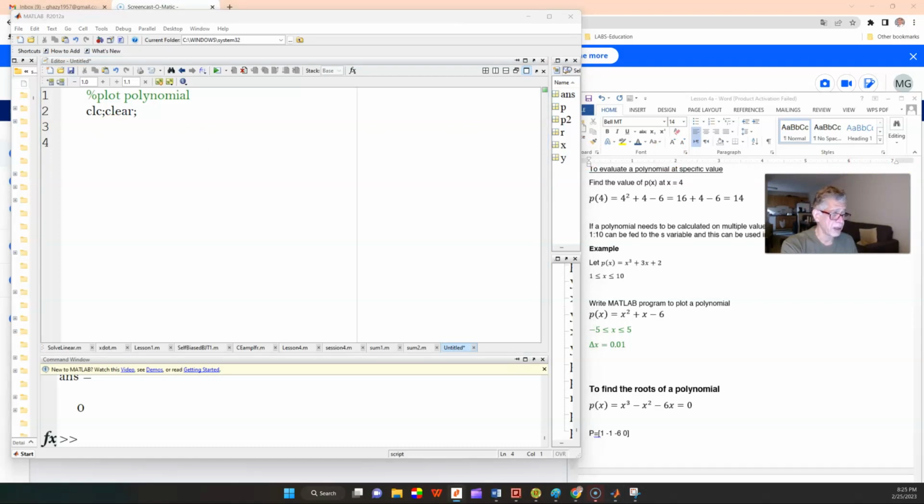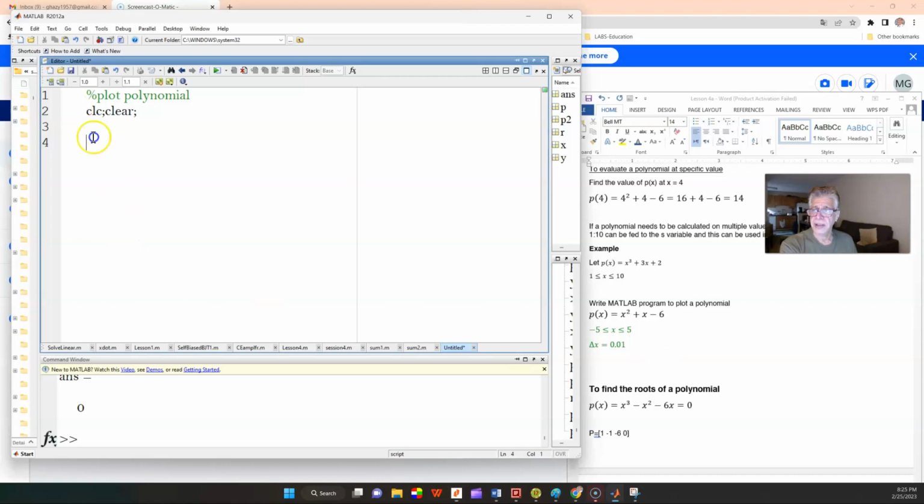The domain is from -5 to 5. So how will we do that? Well, you define x equal -5 up to 5. But if you are going to plot and you are doing that, the default increment is equal to 1.